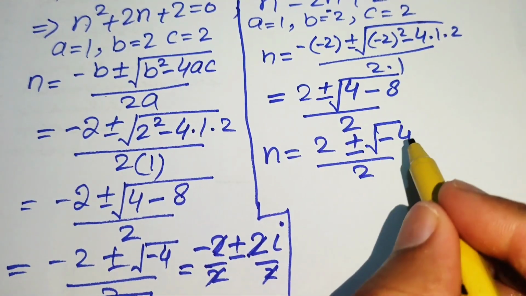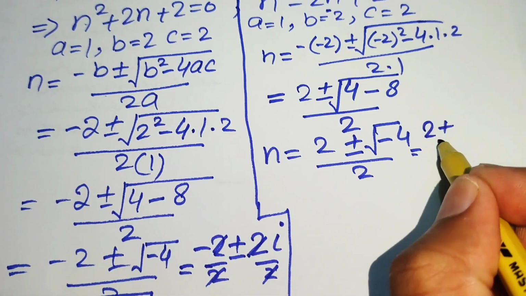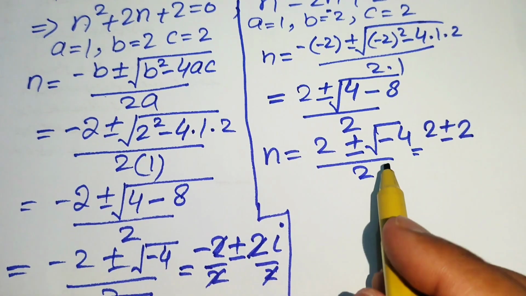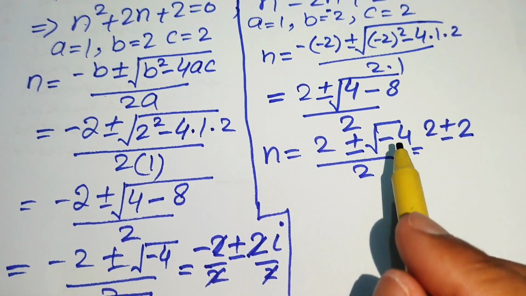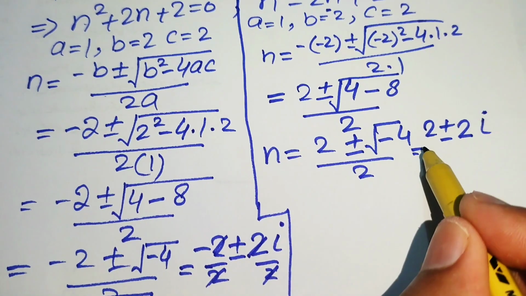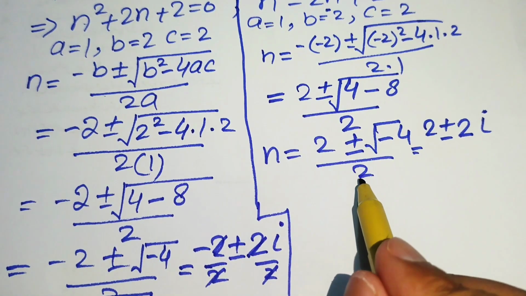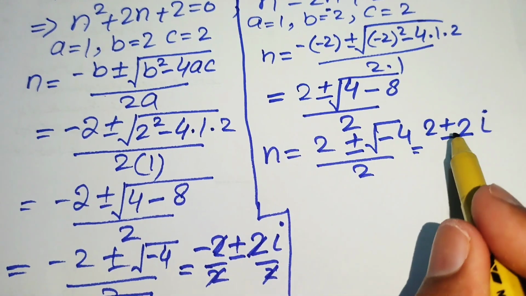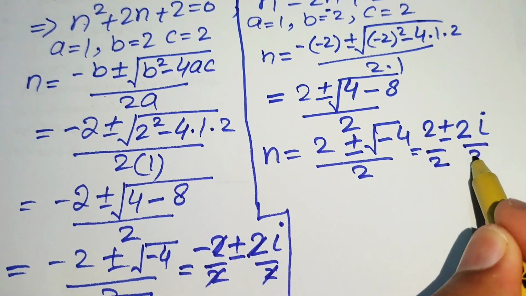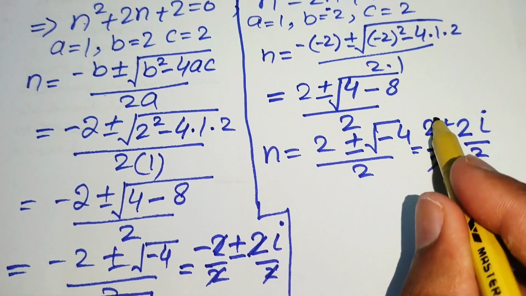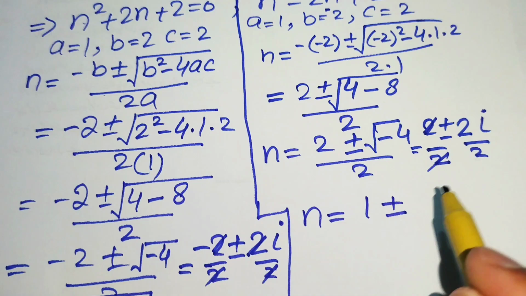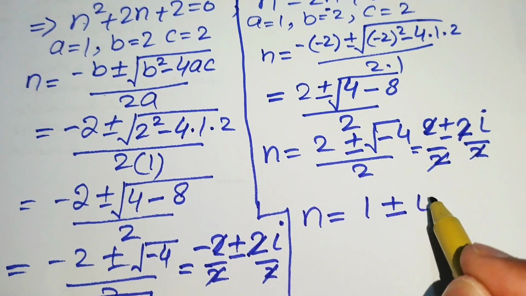You see that we have 2 plus minus, the square root of 4 is 2, and we know that when negative sign comes inside the square root, it will be equals to iota. So this will become iota, and now here we separate these 2 on both of these two terms. So we write in this way, divided by 2, this is also divided by 2. So this 2 is cancelled out by this 2 and we get n equals to 1 plus minus, this 2 is cancelled out by this 2 into iota.